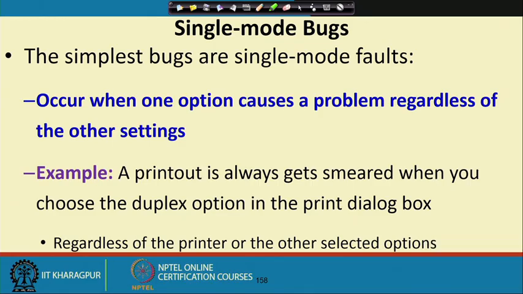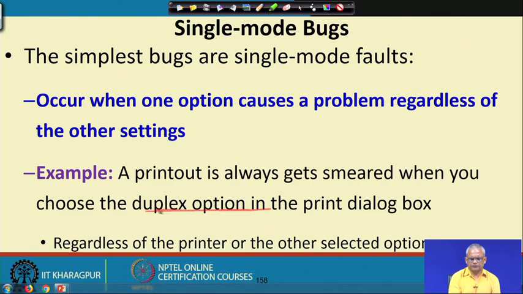For example, as long as the duplex mode is chosen in a printer, irrespective of all other combinations, the printout gets smeared, irrespective of all other options, for example, printer type, color and so on.